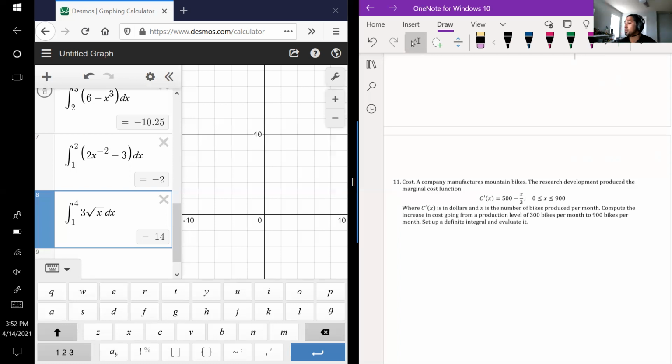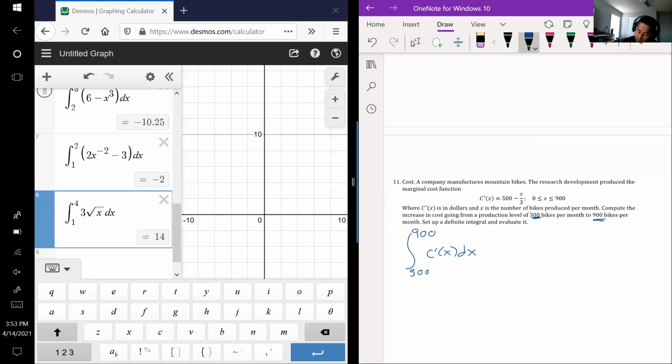Okay, so we are going to set up our integral, and they gave us an interval. They said that we want to go from 300 to 900 bikes. So this means that for our integral, it's going to be the integral from 300 to 900, and we are going to find the integral of C prime of x with respect to x.